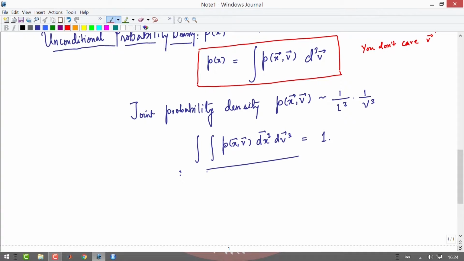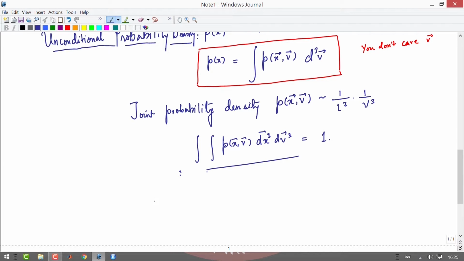The other subset is positions. You say I want to know the probability of finding a particle at location x, and I don't care what the velocities are. So you just integrate the joint probability density over all velocities, and this gives you the unconditional probability density on x. Similarly, you could also obtain the unconditional probability density on velocities.